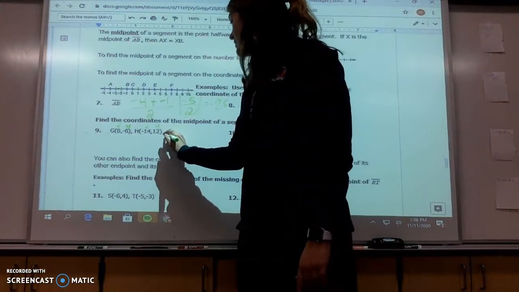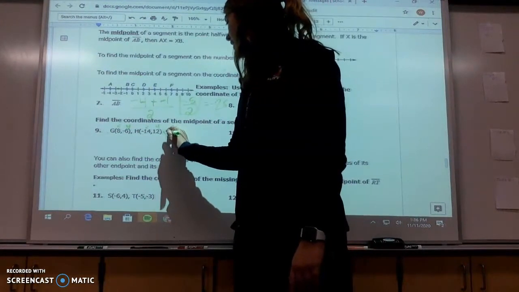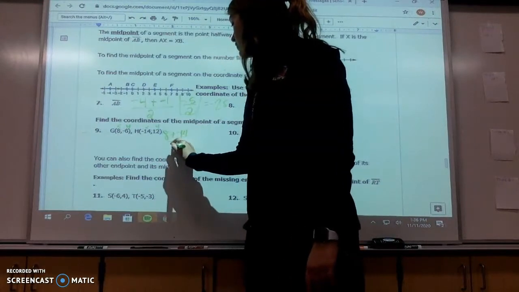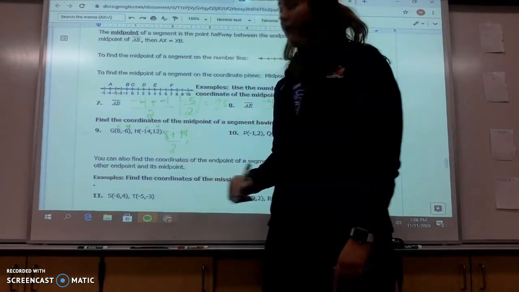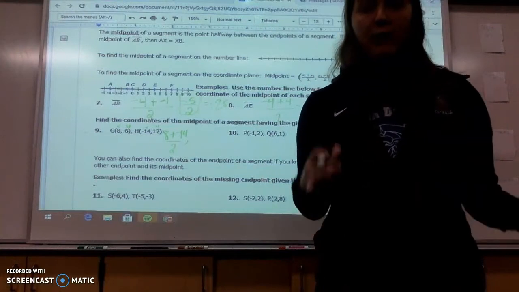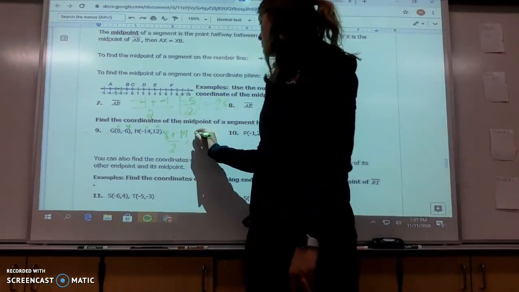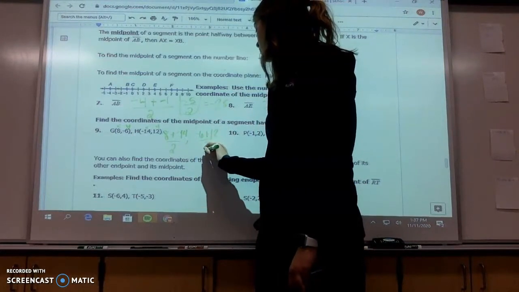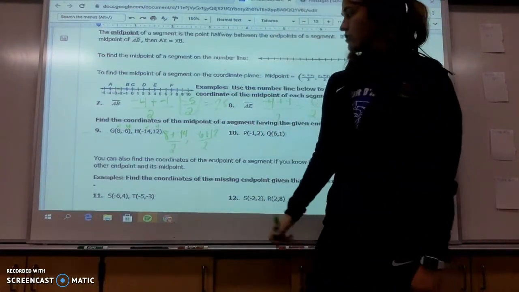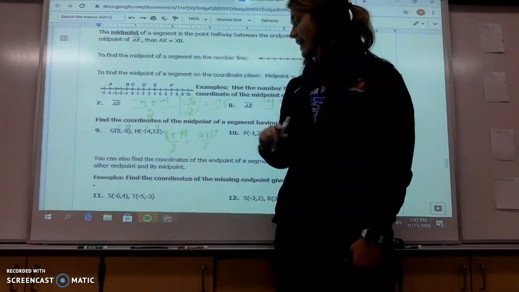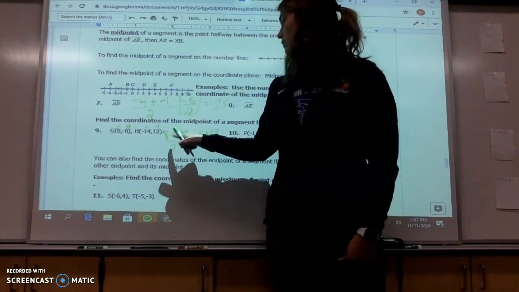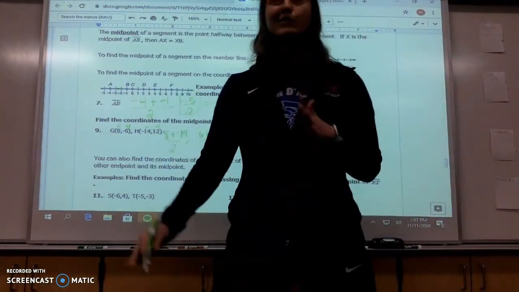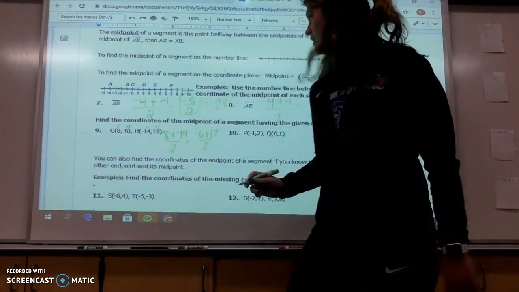So what we have to do is take our x-coordinates and figure out what is the midpoint of our x-coordinates. So for our x's, we're going to do 8 plus a negative 14 over 2, okay? And we also have to find out what's the midpoint of my y-coordinates. So I'm going to do negative 6 plus 12 over 2, okay? So for my x-coordinates, 8 plus negative 14 over 2, we're going to do 8 plus negative 14, which is negative 6.